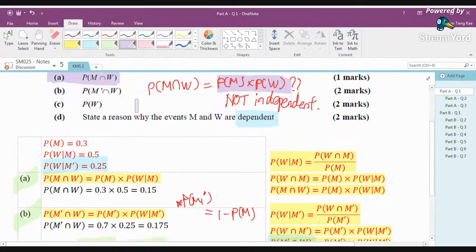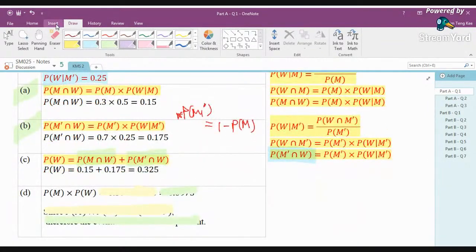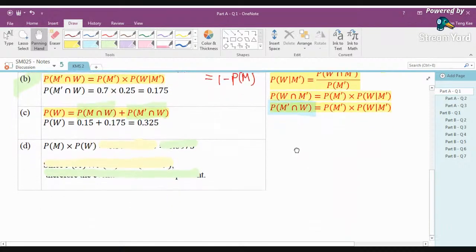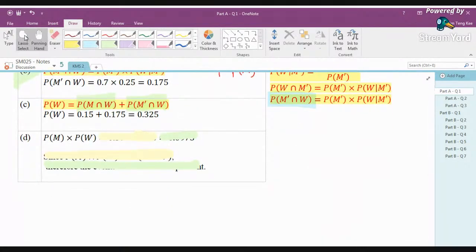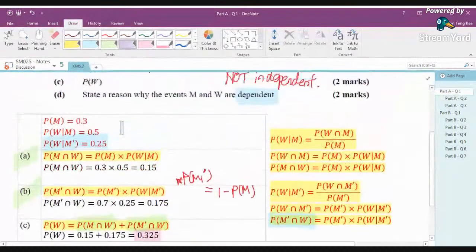So therefore, we proceed with our solution. We try to calculate PM multiply PW. We will have it as 0.3 multiply 0.325, where 0.325 is the result we have from part C. We just found that out just now, whereas 0.3 is already given in the questions.